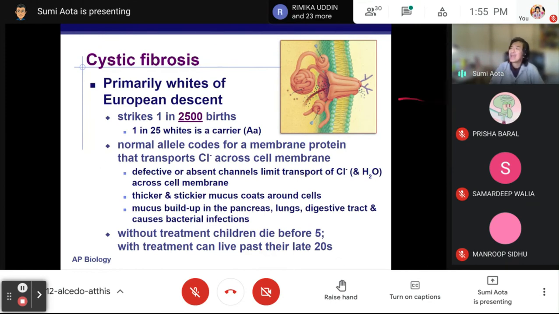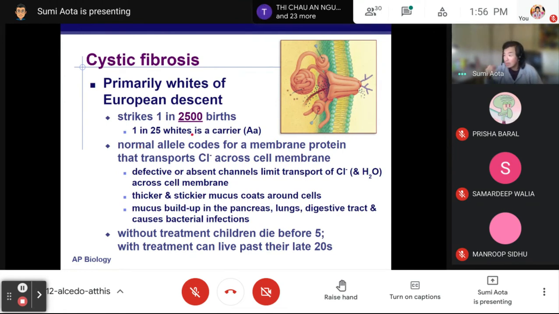If you have that background, 1 out of every 2,500 live births will have a child with this particular condition, and about 1 out of every 25 Caucasians is going to be a carrier of this condition.